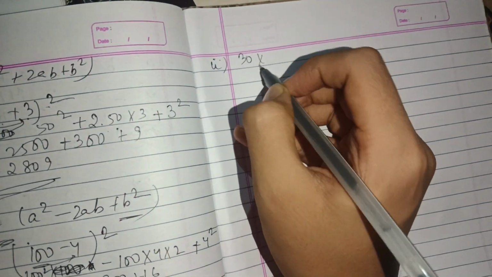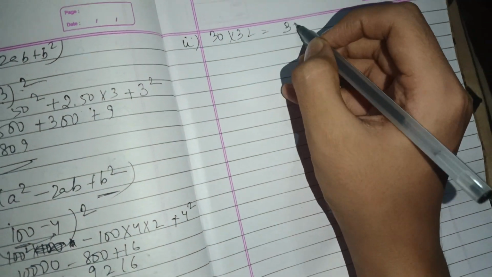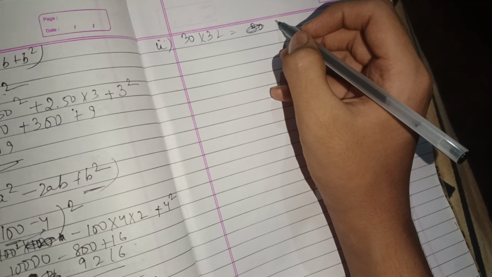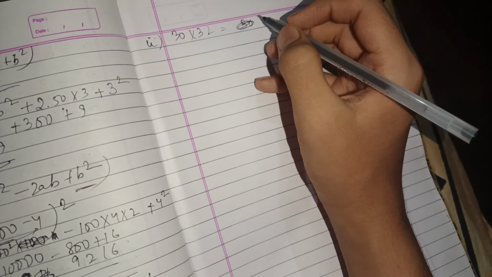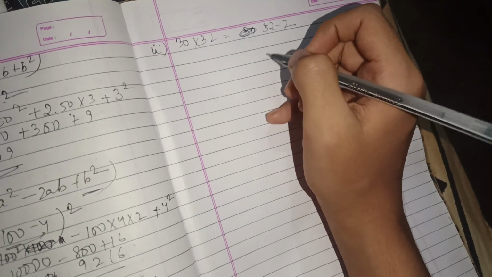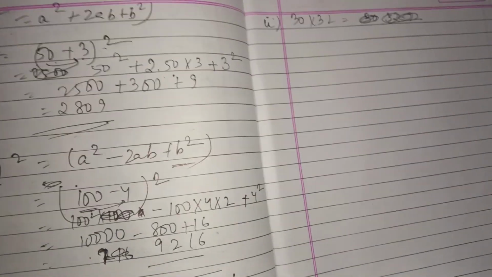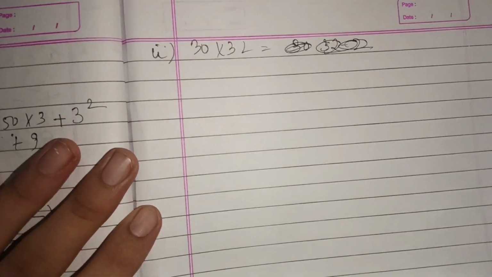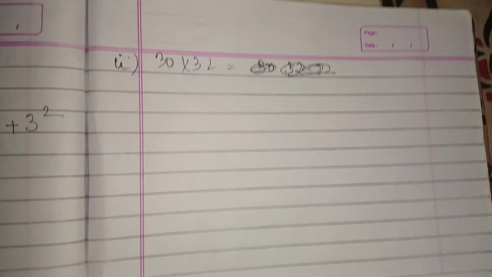That is 30 into 32. We can write 30 as, wait. It is 32 minus 2. Wait, 30 into 32, right? Okay, we can do one thing.